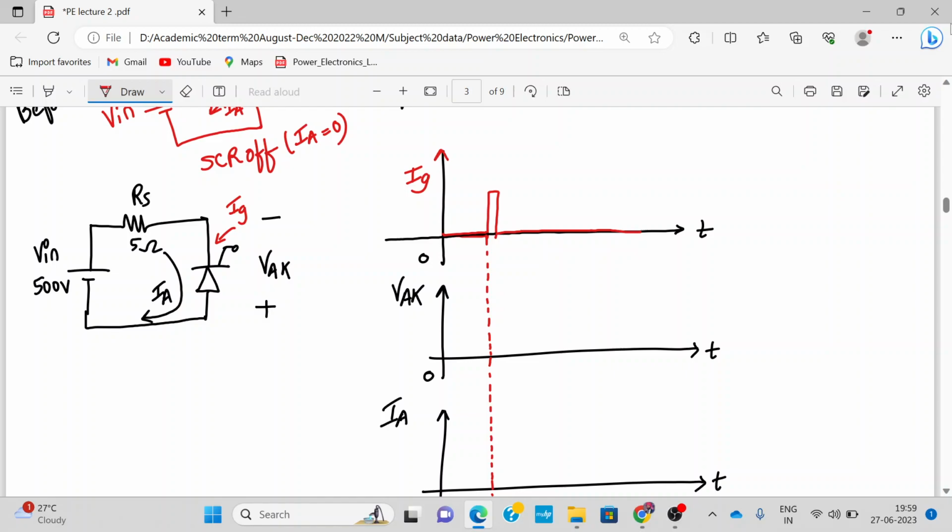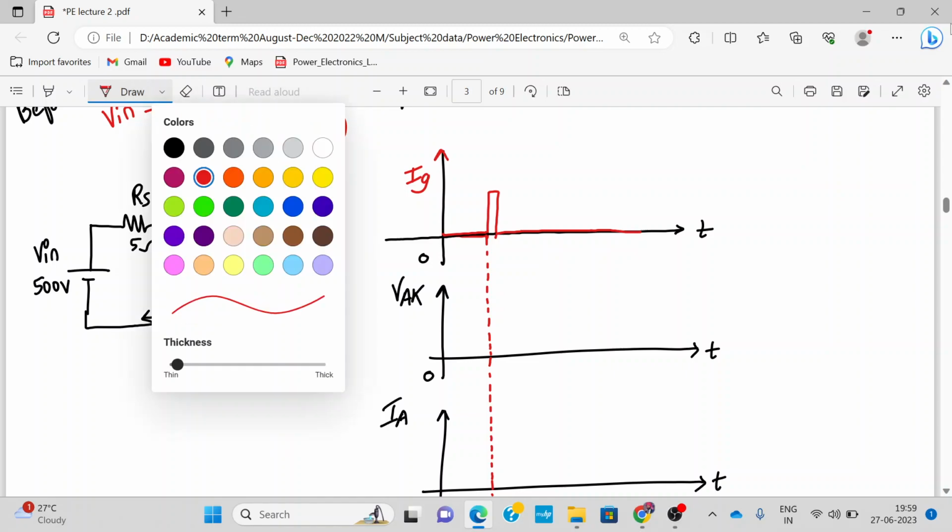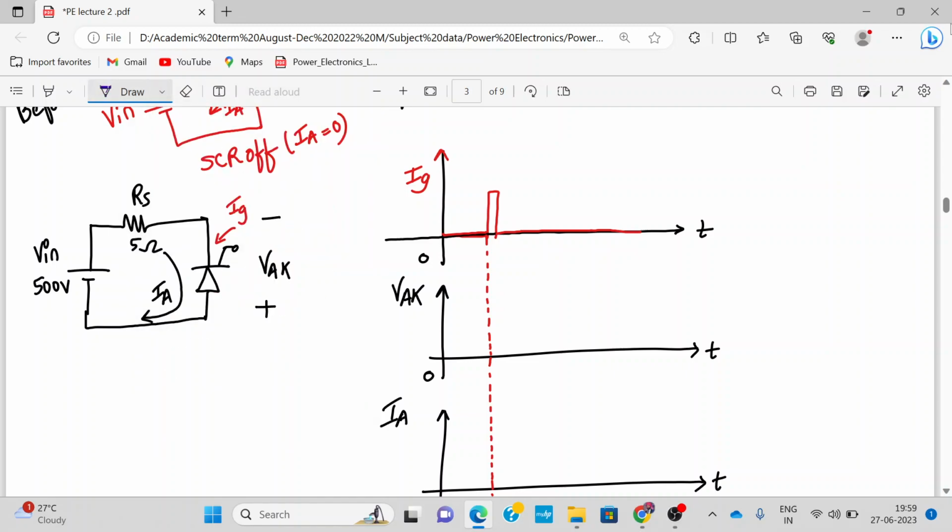So when we have an SCR connected in the reverse direction like this, V in will be negatively applied to the SCR. So basically SCR will remain in the reverse blocking mode. Whenever SCR is in the reverse blocking mode, the SCR is off.